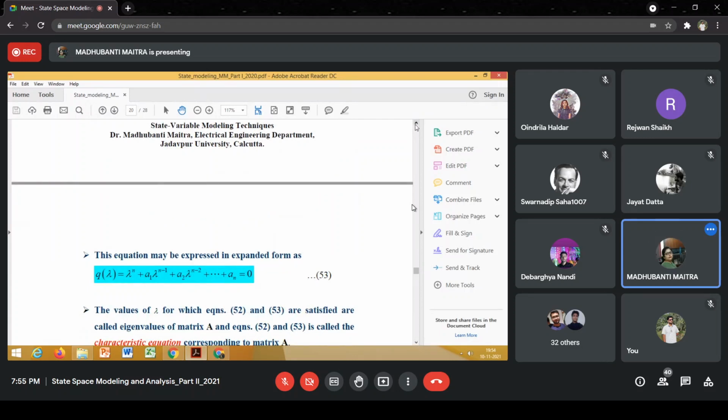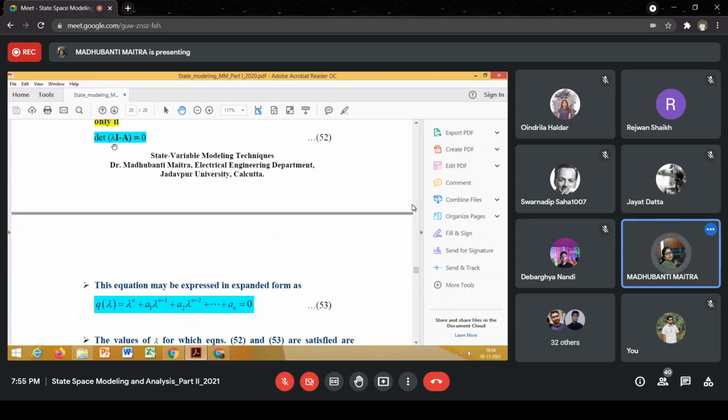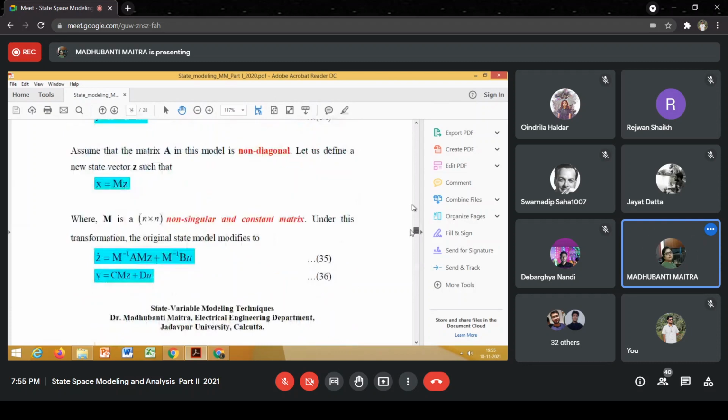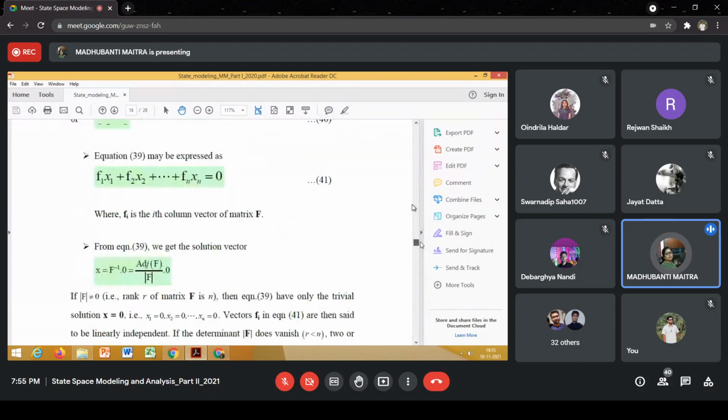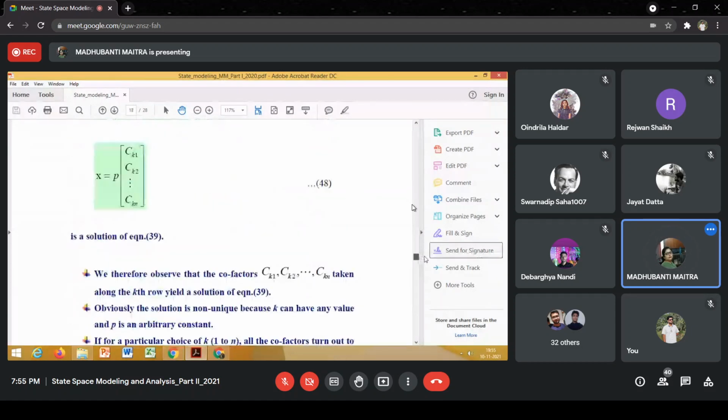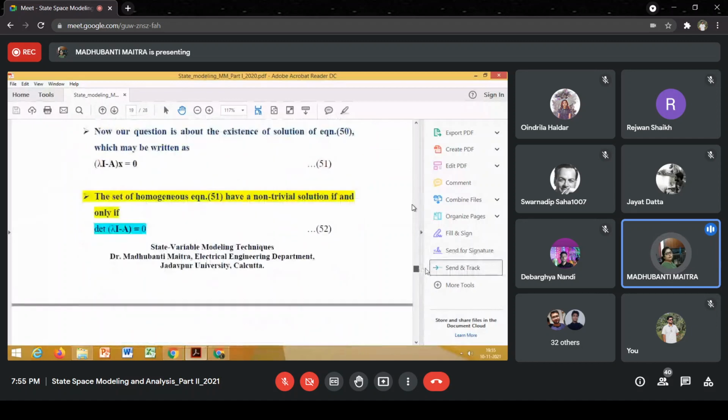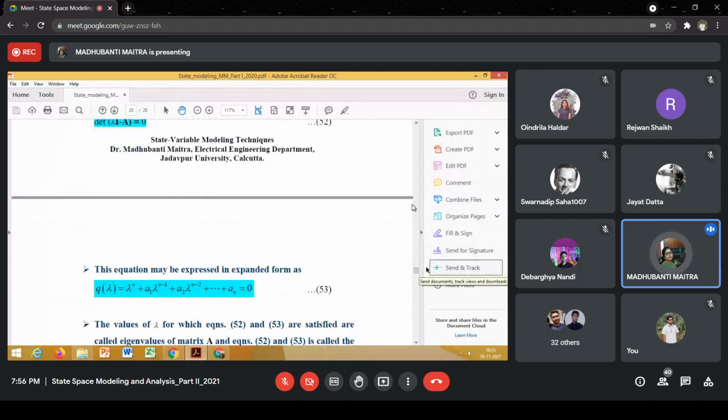So please look at this equation, and if we assume that this matrix A has identical elements to the system matrix, then just like the determinant of sI minus A, we can expand the left hand side.